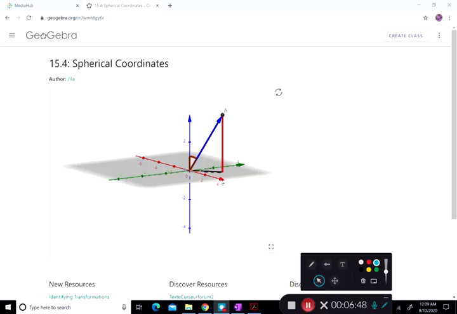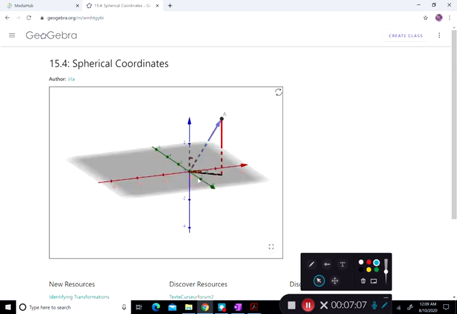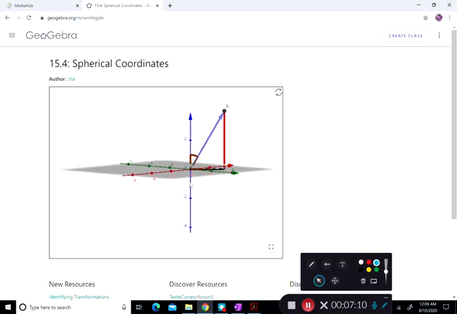How does this conversion work? And remember, this distance, the blue distance, is rho, and here this angle is phi. So if I want to find z from rho and phi, here's the triangle. Z is this red.